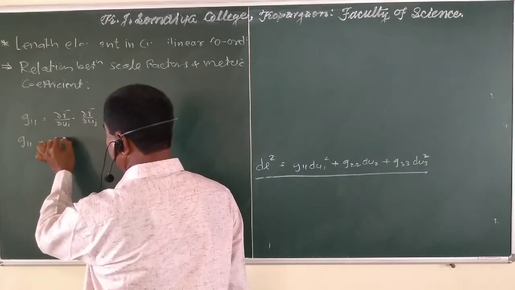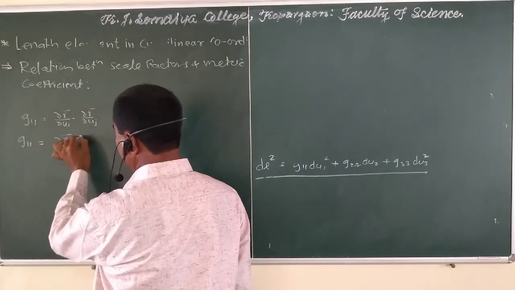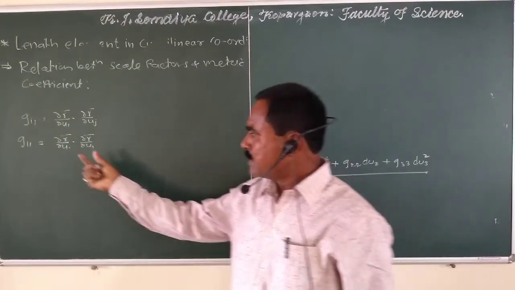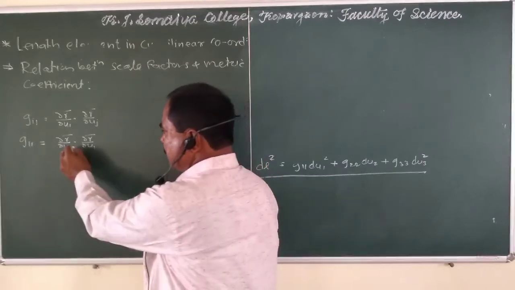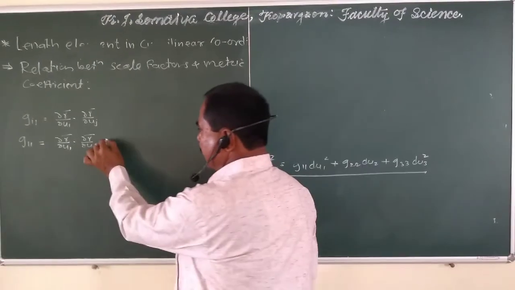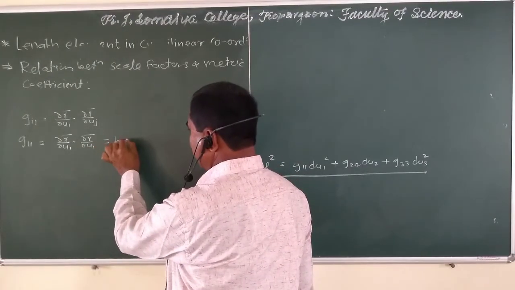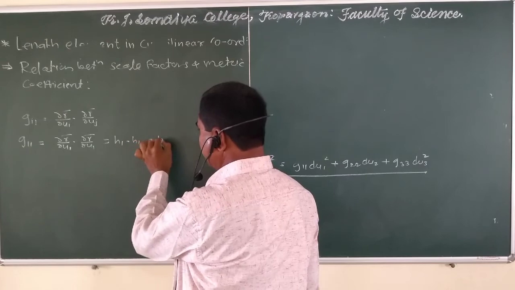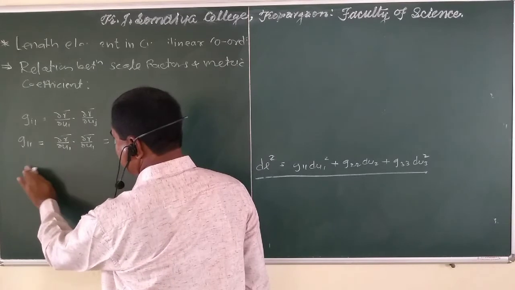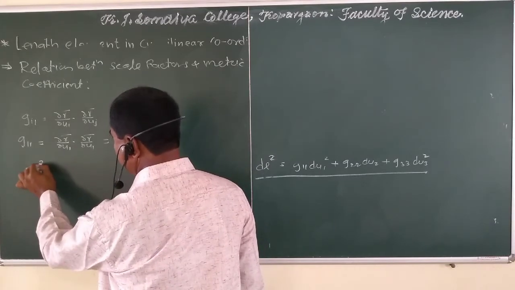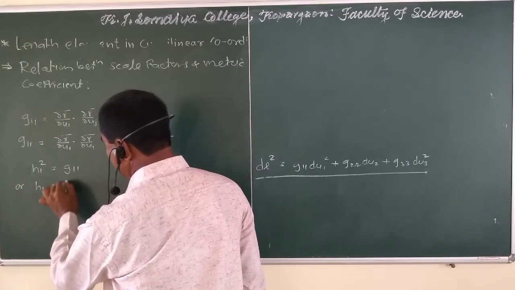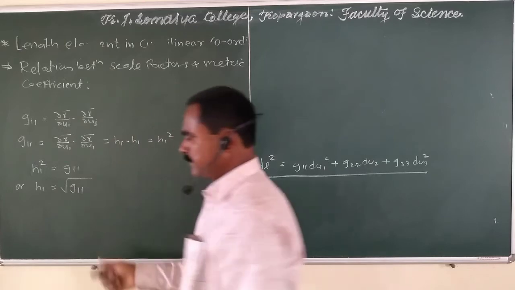So G11 equals partial r bar by partial u1 dot partial r bar by partial u1. This partial r bar by partial u1 is equal to h1, and this is also h1, so we get h1 times h1, that is h1 square, equal to G11, or h1 equal to root G11.